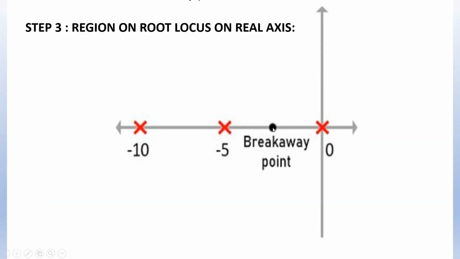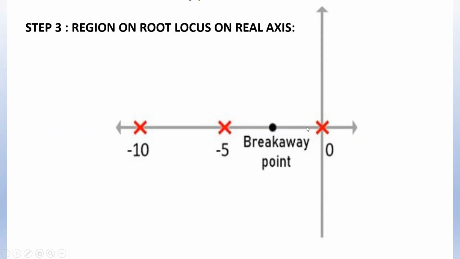If we consider any random point over here, which is not a breakaway point, then for this point to lie on the root locus, we need to find the total number of poles and zeros to the right of it. To the right of it, we have only one pole. One is an odd number, so this point lies on the root locus.